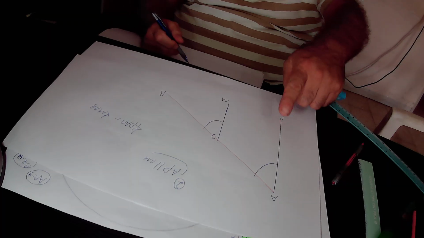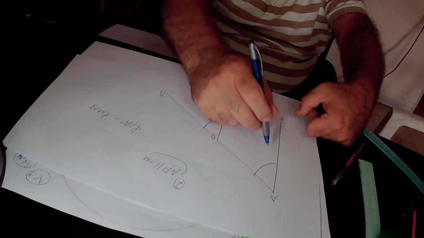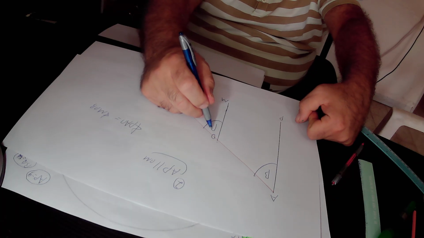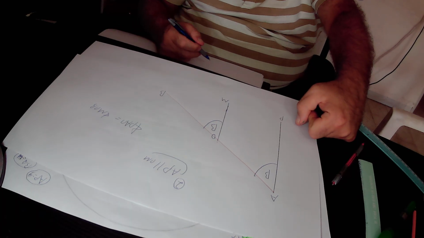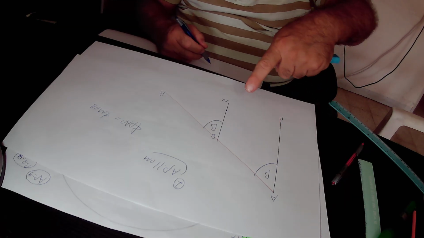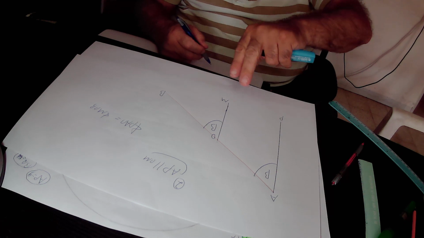So if we define this angle as beta, then this angle must also be equal to beta because they are equal to each other according to Rule 50. So we found out that angle PAO equals beta and angle MOB also equals beta.